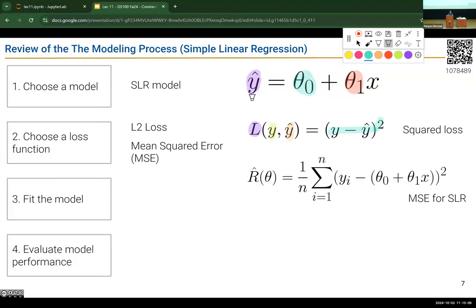What we talked about last time was that we don't care about an individual single point in our data set, but we instead care about the average error that we're incurring over the entire data set. So that's why we would plug in the equivalent for y hat, which is the equation that gives you y hat: theta 0 plus theta 1 times x.